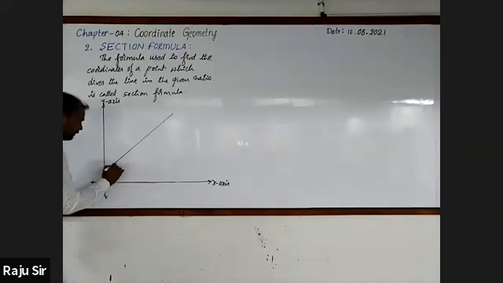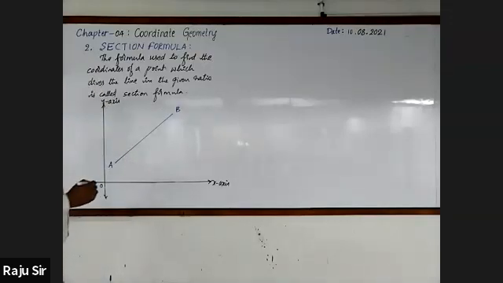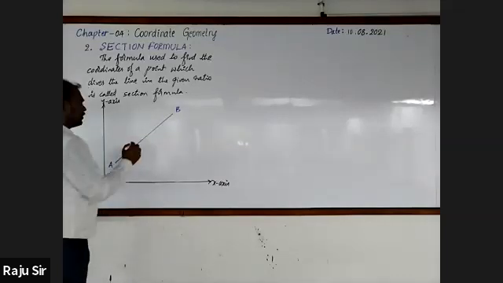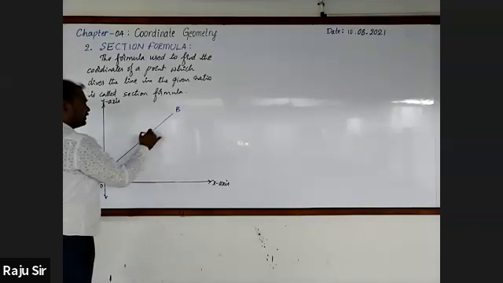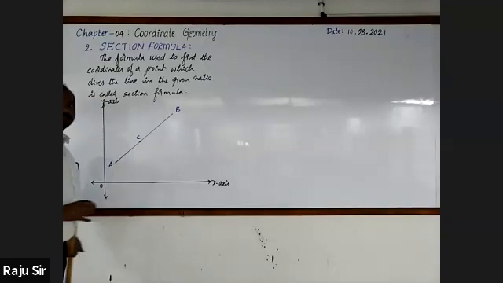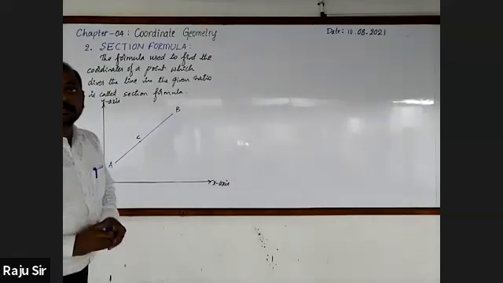This is the point A and this is the point B. Let me write the coordinates later. Next, let us mark the point C anywhere you want, either towards A, towards B or in the middle. I take the point C here. This is point C.